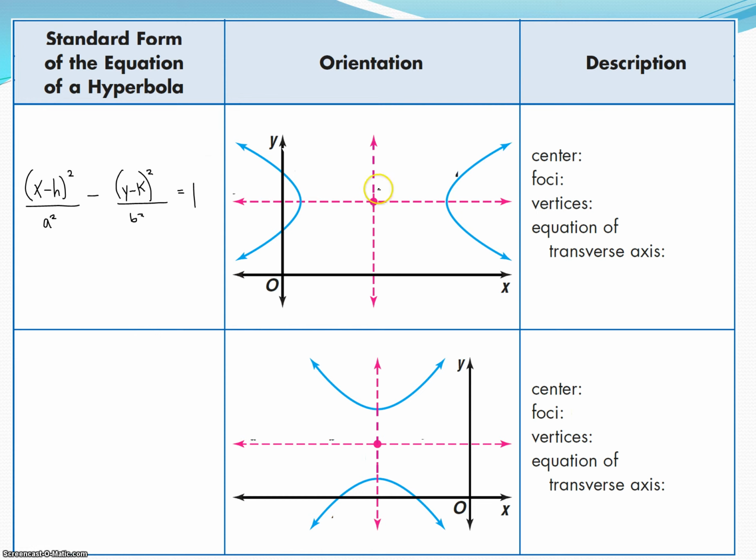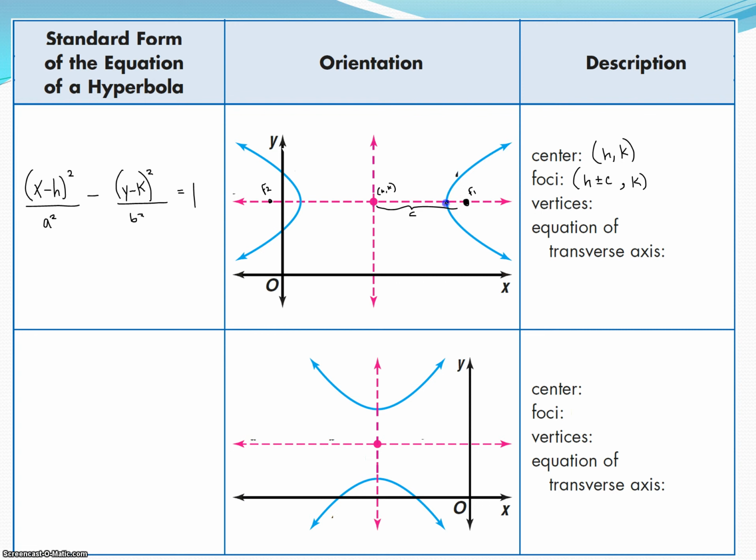So the center of the hyperbola is h, k. The foci are out here. This distance from the center to the foci is the focal length, c. So that means that the foci have coordinates h plus and minus c, so we add and subtract the focal length to the x value, and k.